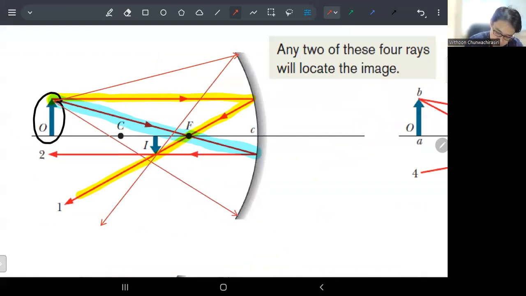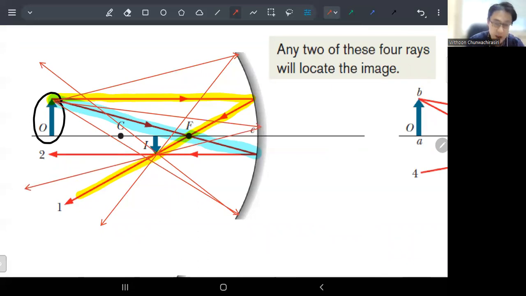That makes more sense. There you go, it's just going to cross at the tip there. So no matter which rays you try to draw with the law of reflection, they are going to meet at a single point, and that point is the point of the image. All right, cool. So that's the idea we get from this.